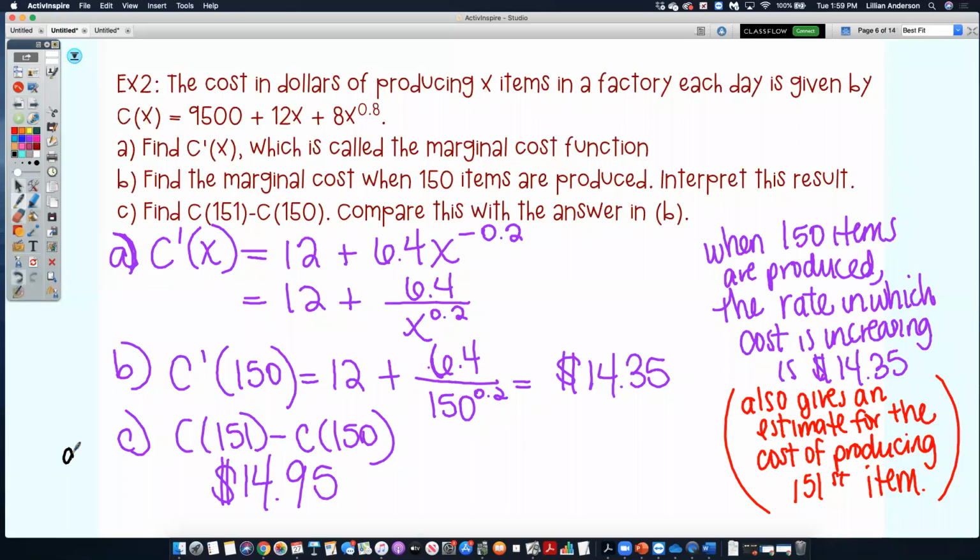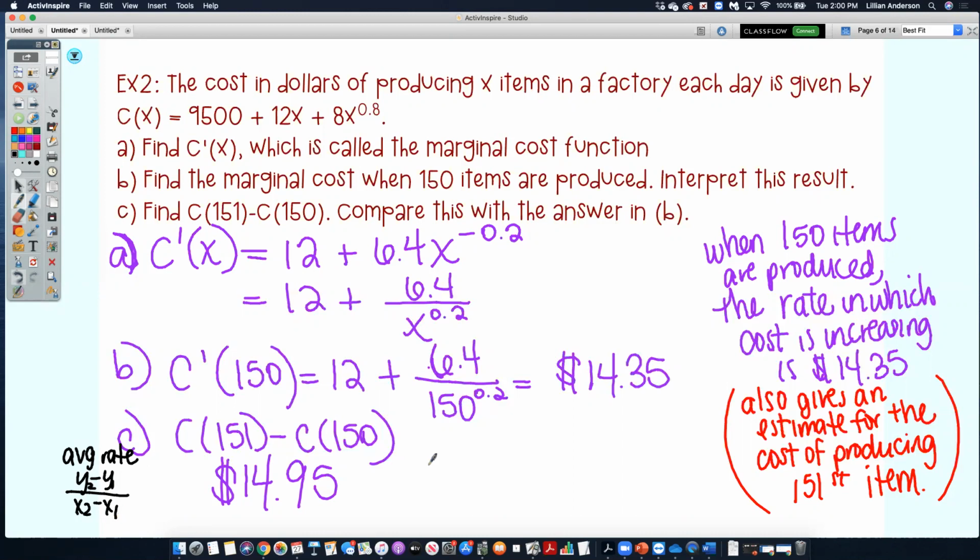Y'all remember average rate of change? Remember, it was the difference of your y's over the difference of your x's. Well, your x's is only 1 unit, but your numerator is the change from producing one more. So yes, this is the actual cost it takes to produce that one more item.